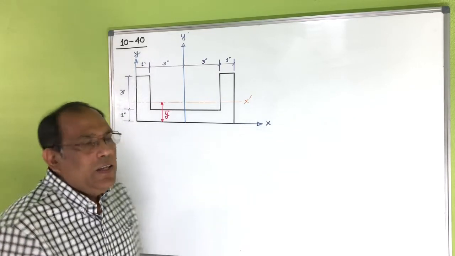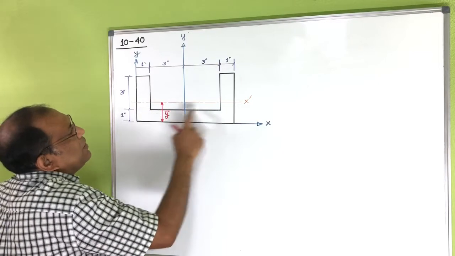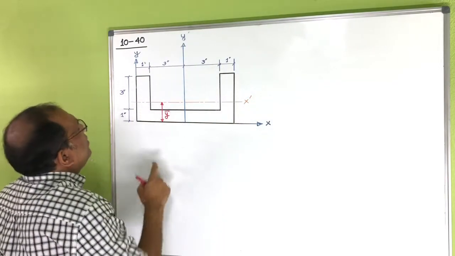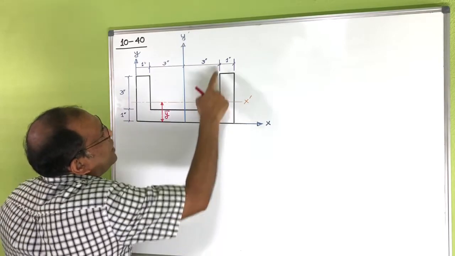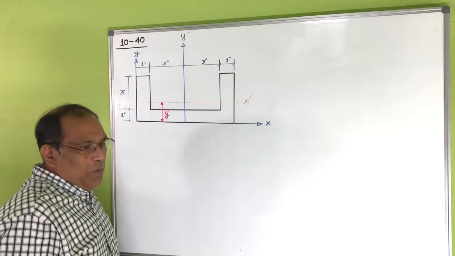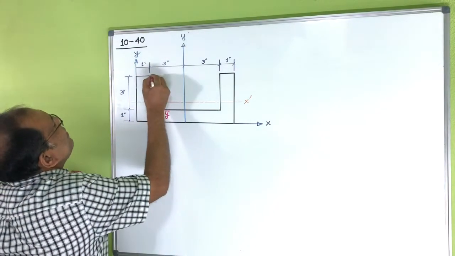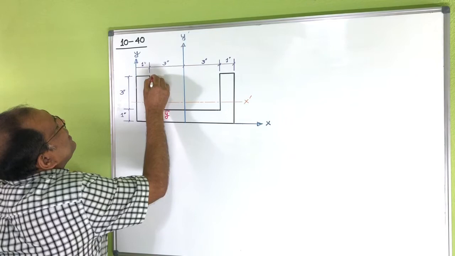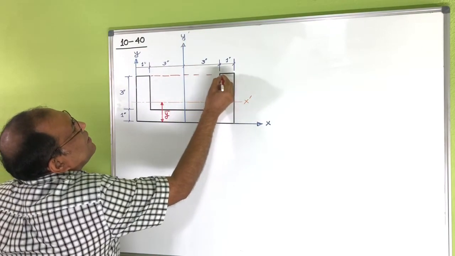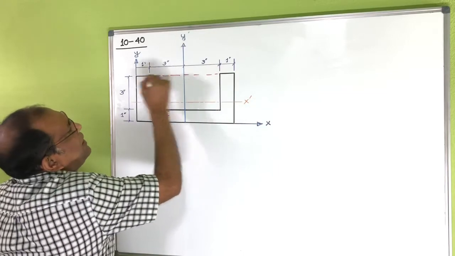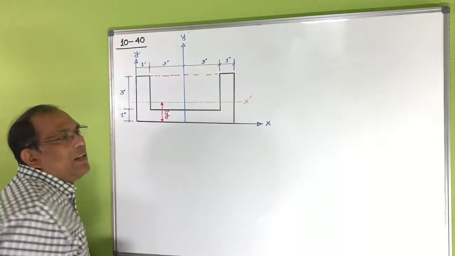You can do that in different ways. You can do 1, 2, and 3. You can also do 1, 2, and 3. But the easiest one would be if I take the big rectangle, this one, minus this rectangle here.